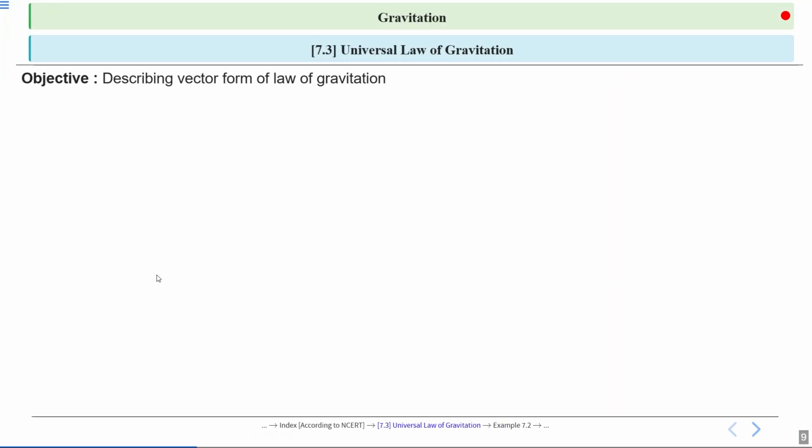Now we will study the vector form of the law of gravitation. This is important because it allows us to analyze the direction and magnitude of forces between the two masses in a more precise way.